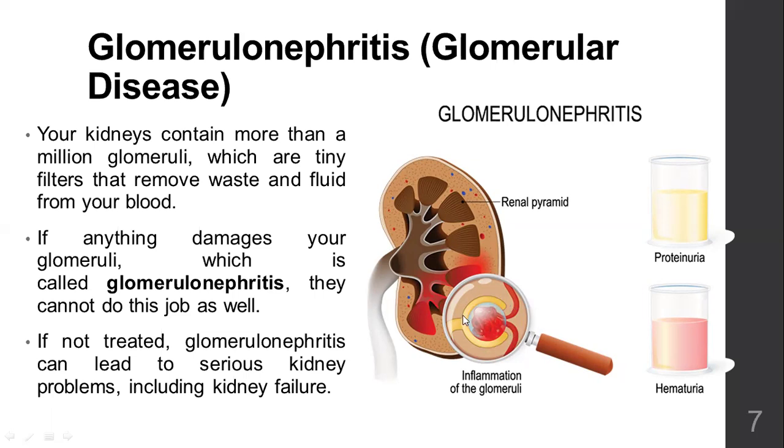This yellow colored C shape that you see is Bowman's capsule. And inside the Bowman's capsule, you can see these twisted and turned capillaries. One is a renal artery that goes in, the other is a renal vein that comes out. But they get twisted in, knotted, tangled. This twisted part is the glomeruli.